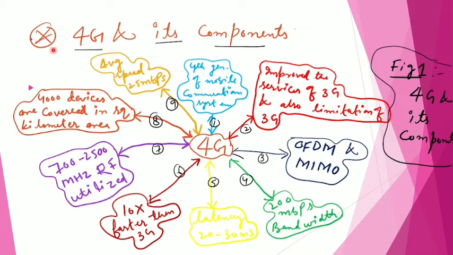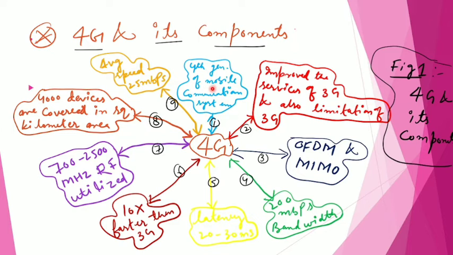Here firstly we will discuss 4G and some of its components. So first of all, what is 4G? Basically, 4G is the fourth generation of the mobile network communication system. It is the long-term evolution, LTE, system.